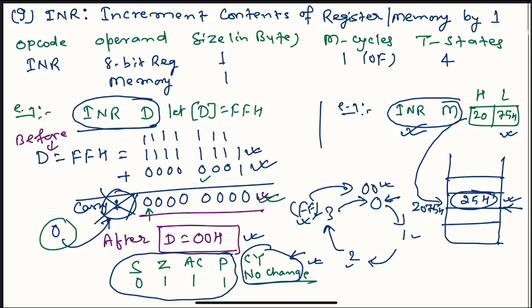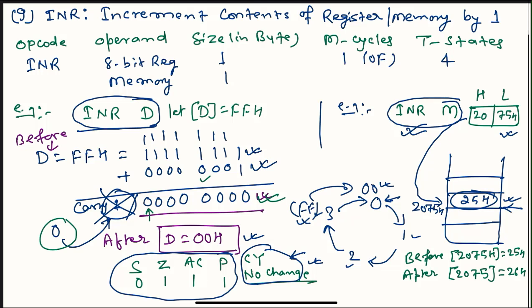So here if someone asks, before execution of this instruction the content of 2075H will be 25H, and after execution the content at this address will become 26H.